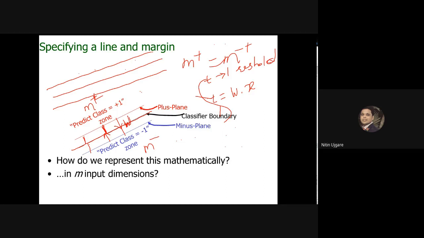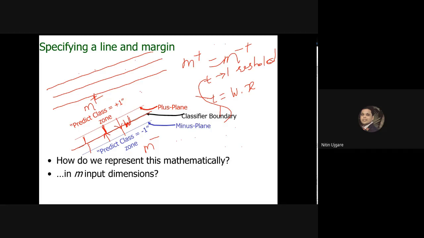Okay, so the next objective of SVM is what? SVM tries to find the w and t, the weight vector w and the threshold value t, due to which the sum of the positive margin m plus and the negative margin m minus becomes maximum, as well as the positive margin and the negative margin become equal indirectly.